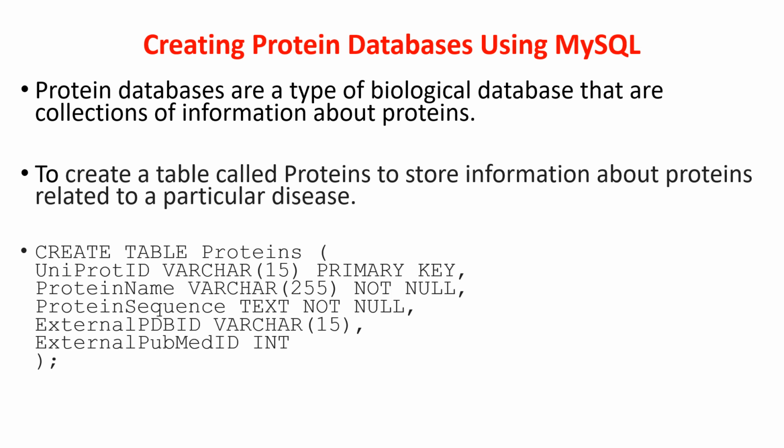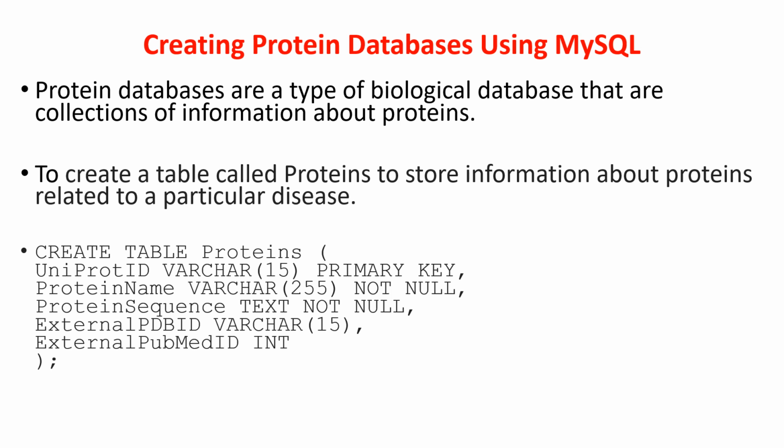So inside this table, we have various headings. We have the UniProt ID, that is the ID, and we have the variable character. The variable character in the UniProt ID is 15, meaning that the variable character should not exceed 15. The primary key is also indicated. The protein name is indicated, and the protein name, the variable character should not exceed 255.